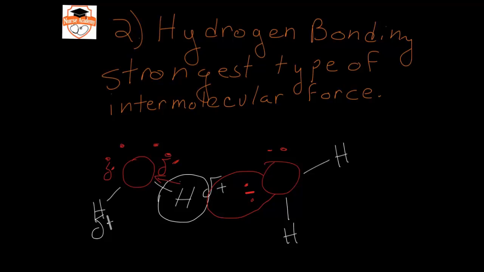But the other thing that makes water kind of special is the size of the orbitals here of these hydrogens. They're mostly empty now because the oxygen has stolen quite a bit of the electron density.